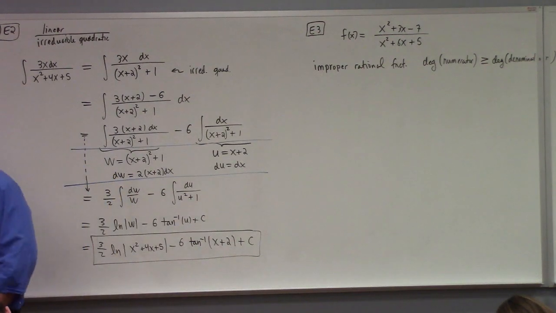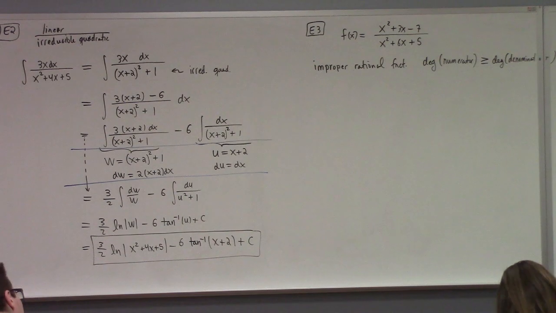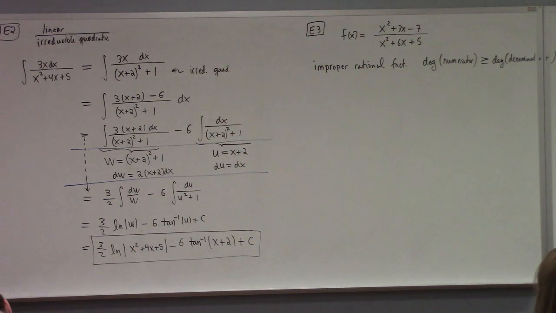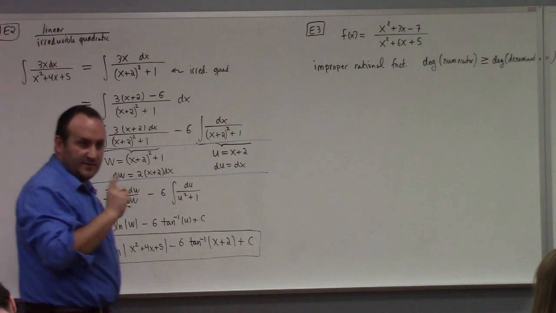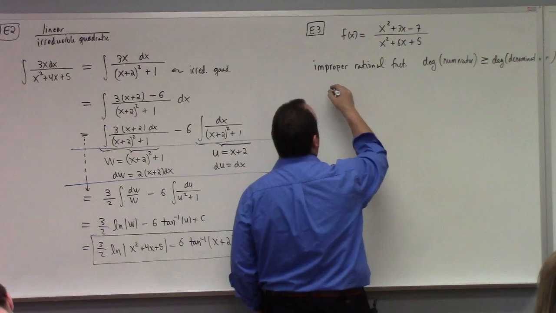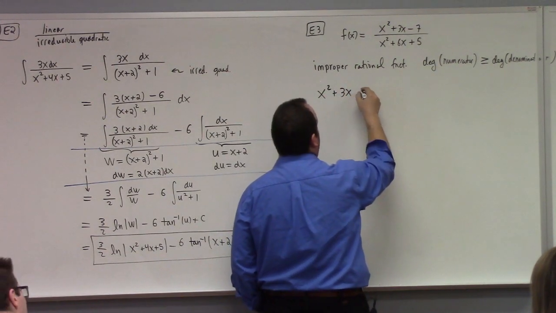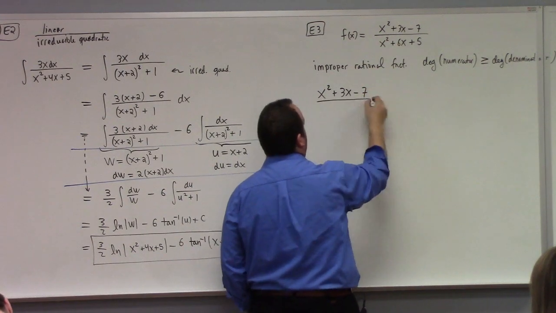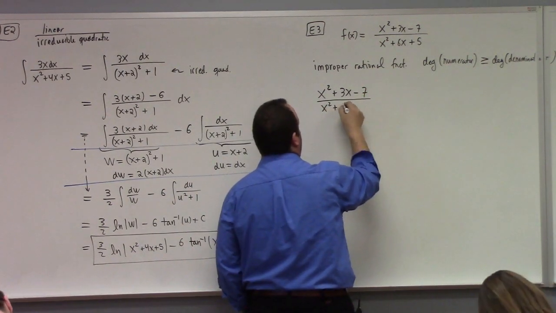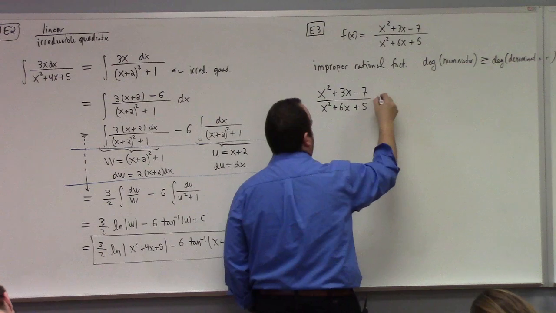If you encounter such a thing, you either have to do long division or some kind of simple trick to rewrite it as the sum of a polynomial plus a rational function. Now this one, I can use a kind of silly trick, I don't really need to do the long division. I'll soon show you an example where long division is unavoidable, but this one, let me show you a dirty trick that will serve us well.